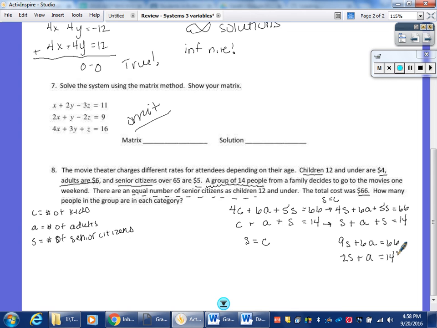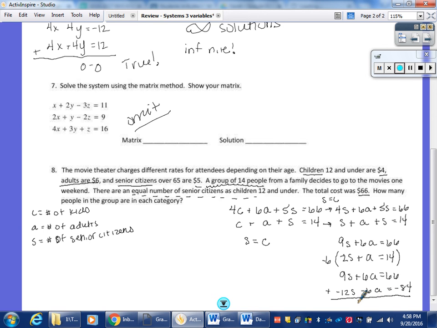I can do that by multiplying the second equation by -6. So this is 9S plus 6A equals 66. And then my second equation becomes -12S minus 6A is equal to -84. And you can add those two equations together.